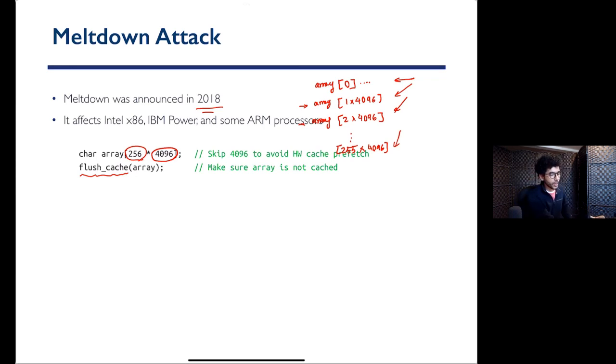There is a lot of work on how this function works. One thing you could do is to just write to a certain range of addresses to make sure that your cache is going to be flushed. But I'm not going to spend time on this. So let's assume that there is some way to make sure that your cache is flushed. There is nothing in your cache.